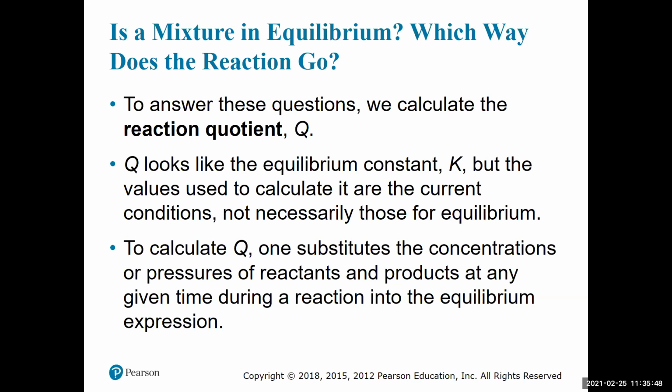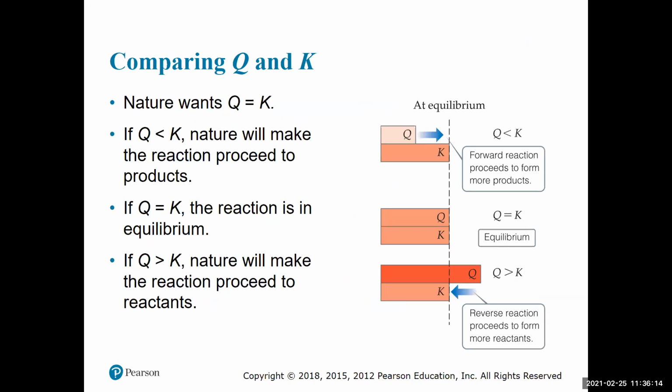It's just a term that's used to give you a feel for where things stand at any particular concentration. So basically, at some point in time, where do I stand? Am I close to equilibrium or not? Do I need to form more product? Do I need to have more reactant? Things like that. But that is essentially the same. Here's a more visual showing of that to give you a feel for what this means.